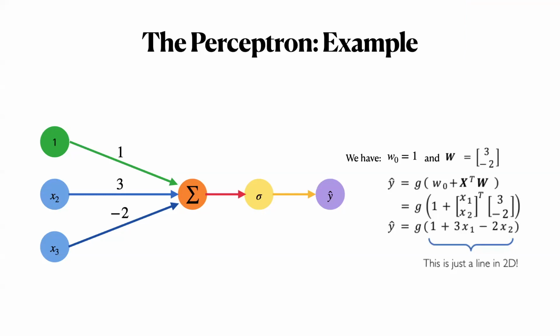We represent our input as x1 and x2, and multiply by the weights. So you have 3 times x1, minus 2 times x2, and then we add 1, apply the nonlinear activation function g, and that gives us our output.